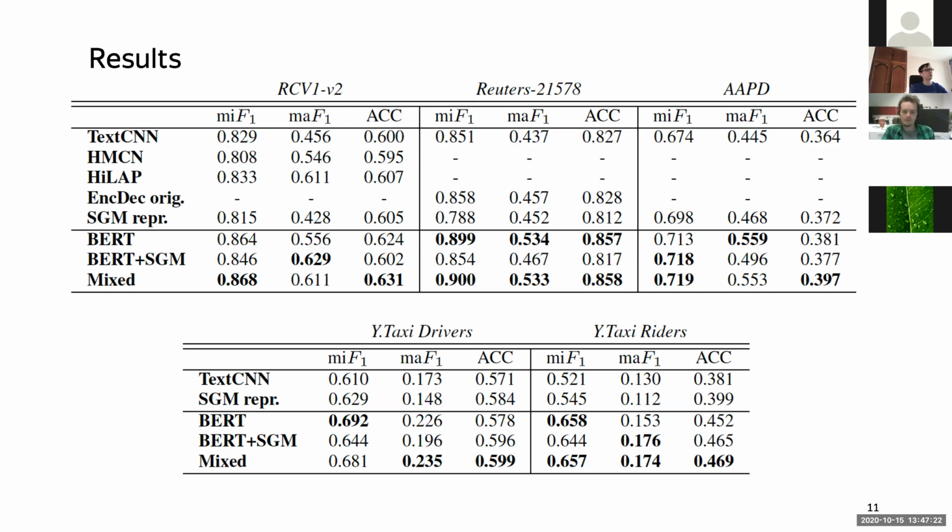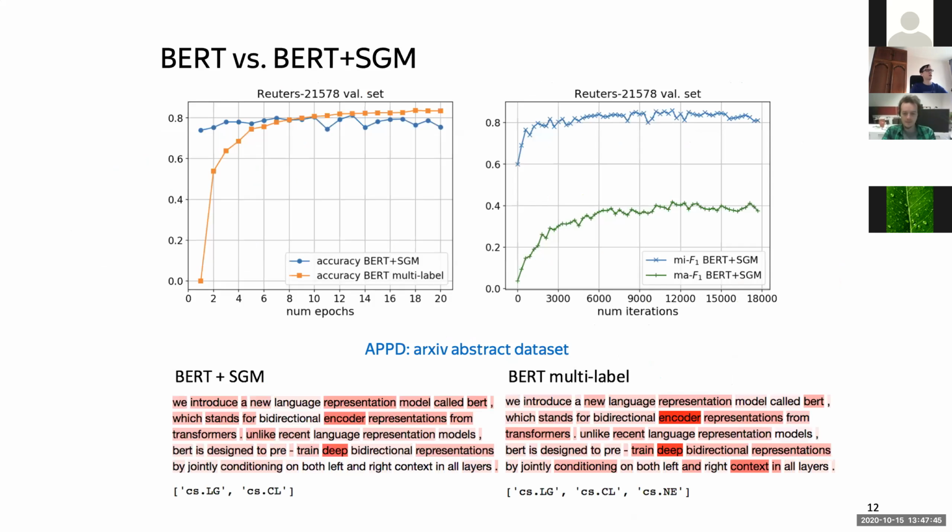HMCN was presented in ICML conference, and HILAP was presented in EMNLP conference. And those 2 models underperform compared to BERT-based models, and this is also interesting.